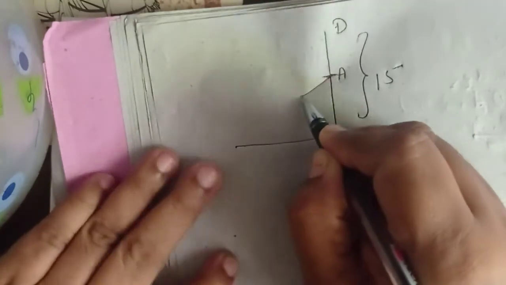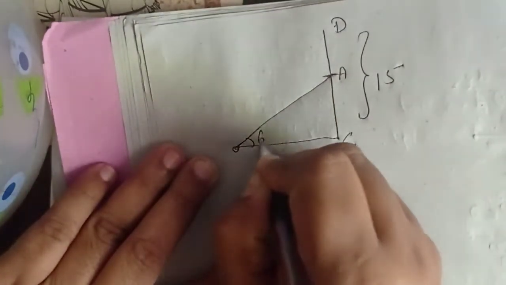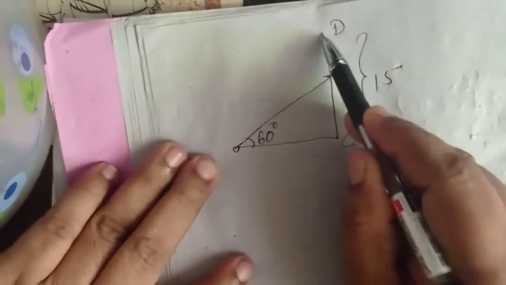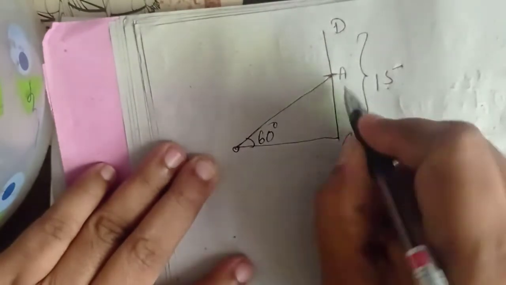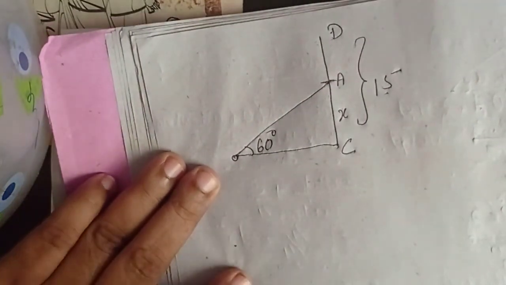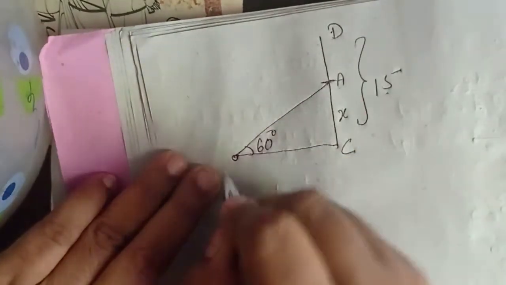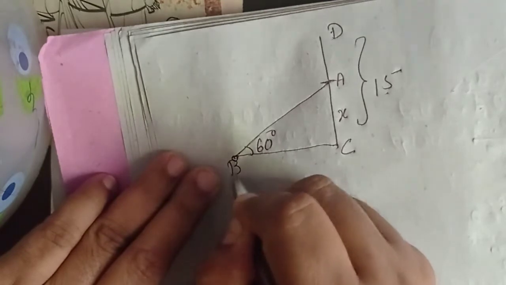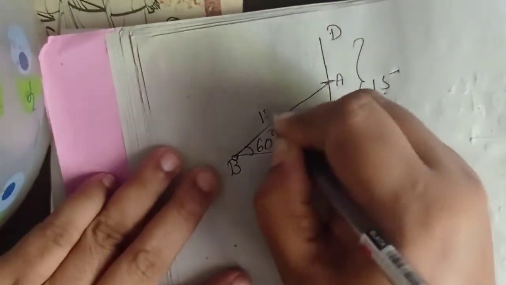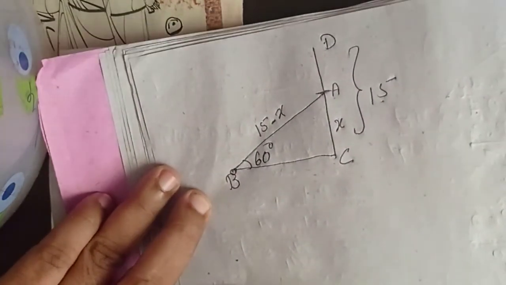Now the top touches the ground and makes an angle 60 degree. Understand? BC is equal to 15. Therefore, we assume AZ equal to X. Write each point. AZ is equal to X. Therefore, AB is total 15, AC is X, means this side is 15 minus X. Right. Mark in your notebook.